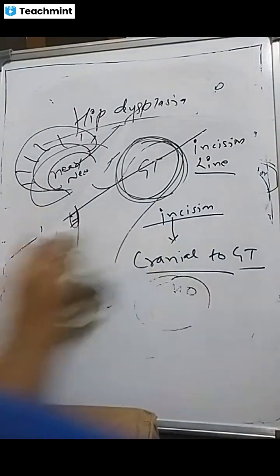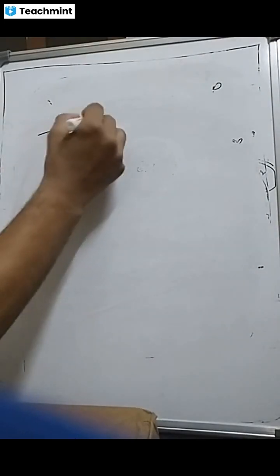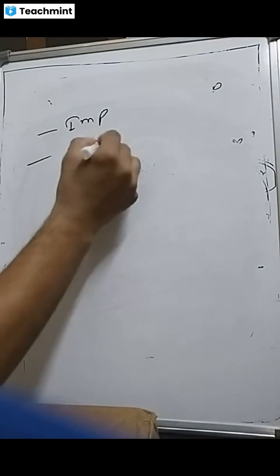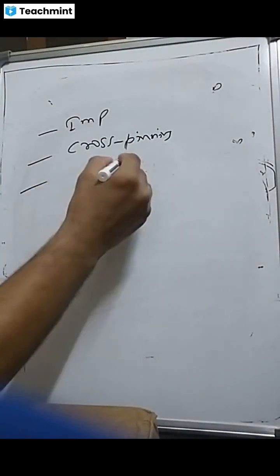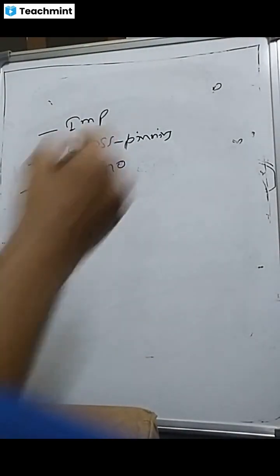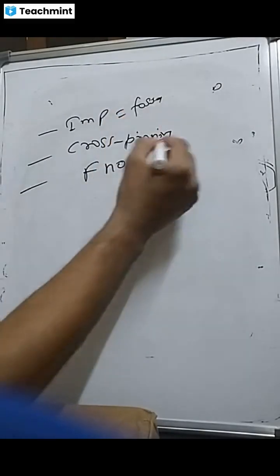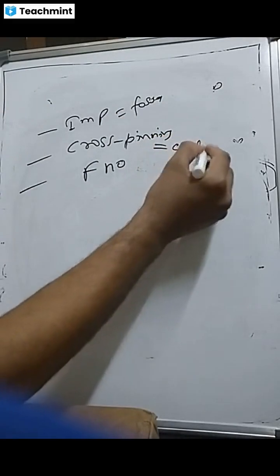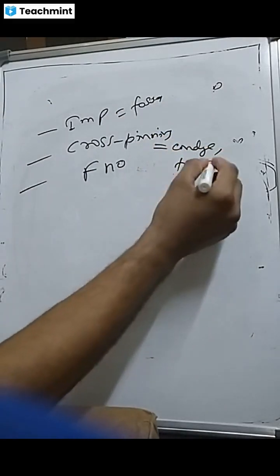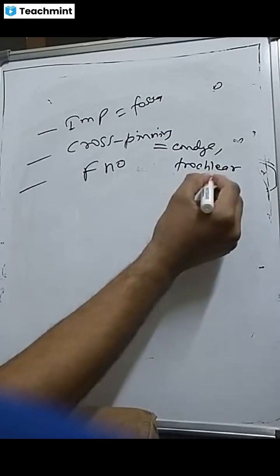So I explained the significance of these anatomical terms for your IM pinning, your cross pinning, and your FHO surgery. Here, fossa was important. Here, you can say more clearly, the trochlear ridge.